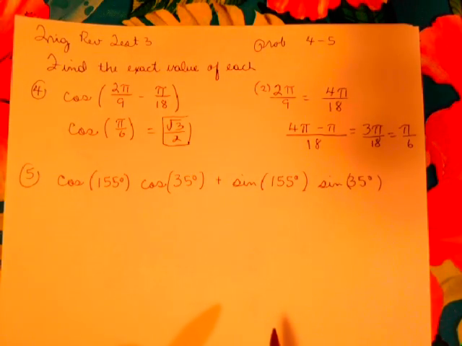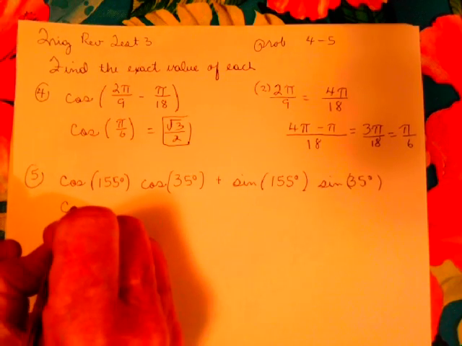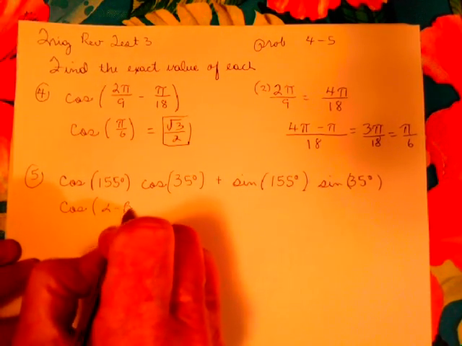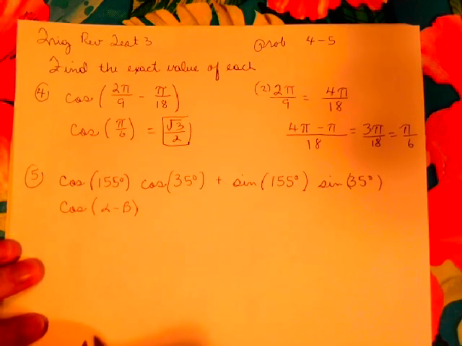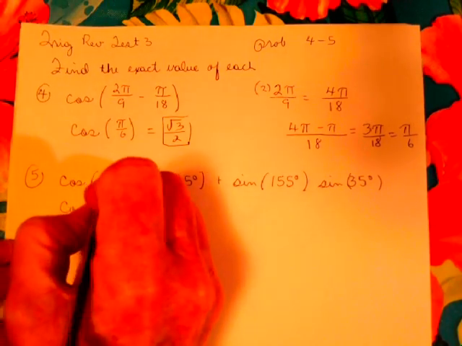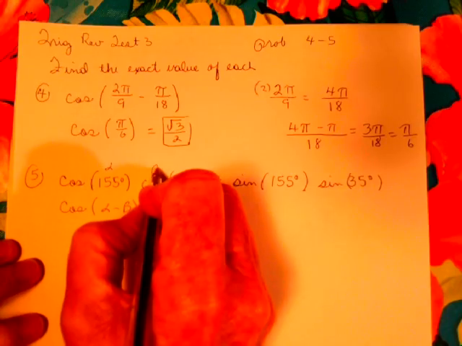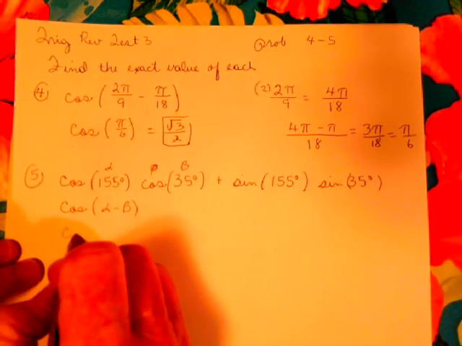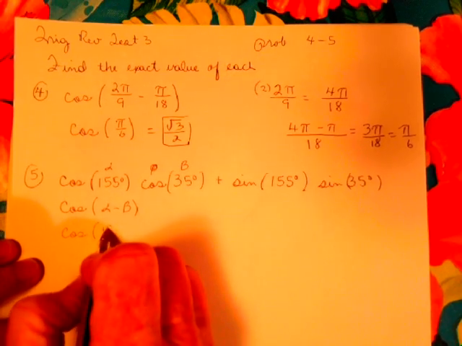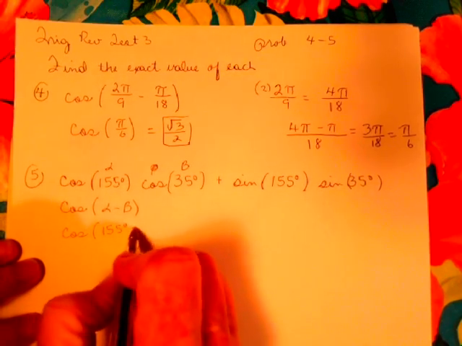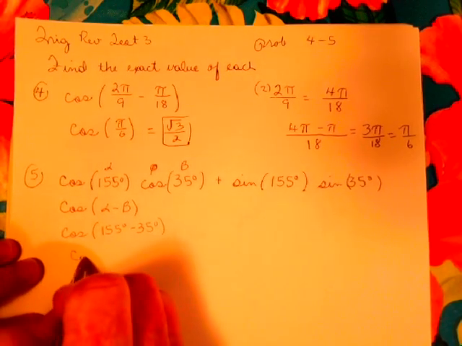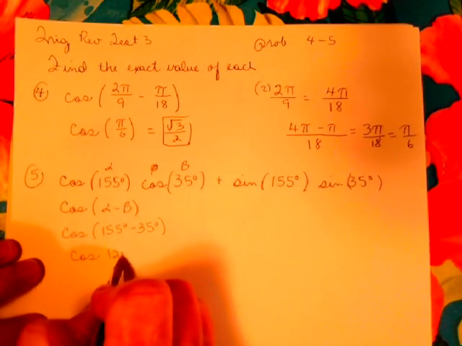I want to see if I rewrite this as a cosine of alpha minus beta, if I can come up with an angle that I can find the exact value of. So this will be the cosine of 155 degrees minus 35 degrees, which is the cosine of 120 degrees.